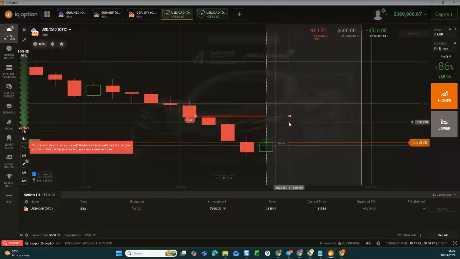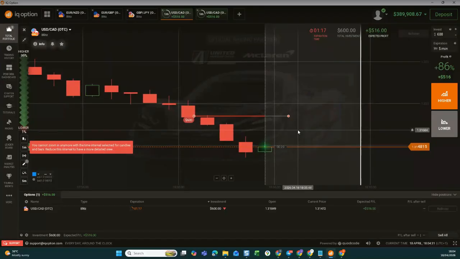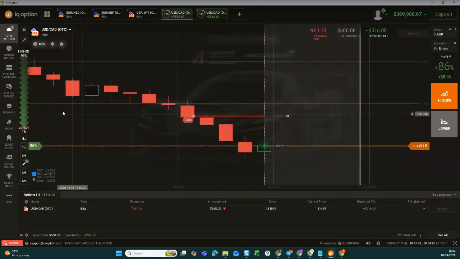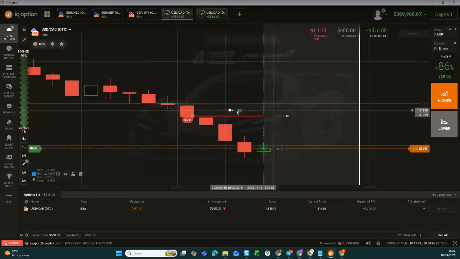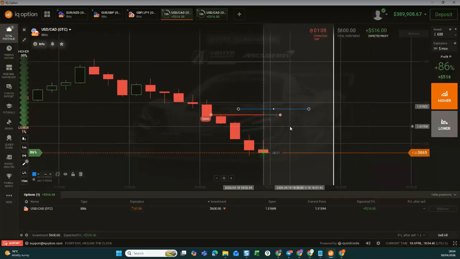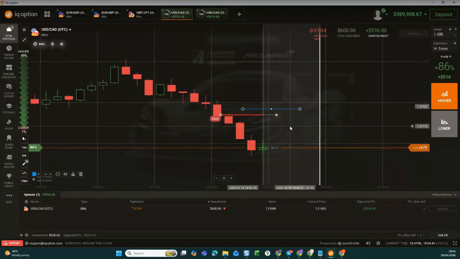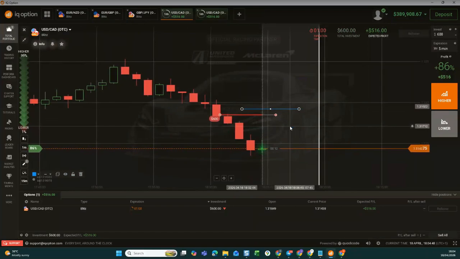Now, for those of us who want to take a signal, or take a trade, especially on Blitz options, this is the line. The moment you click buy or sell, you're buying for a specific period of time, and you are predicting that the price will keep going in that direction.